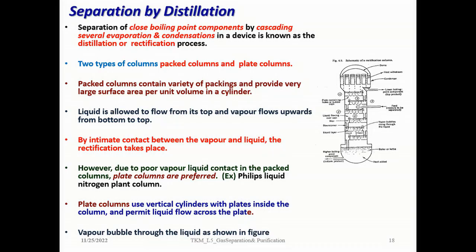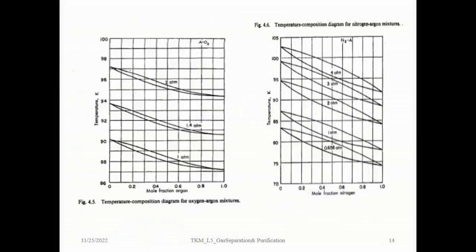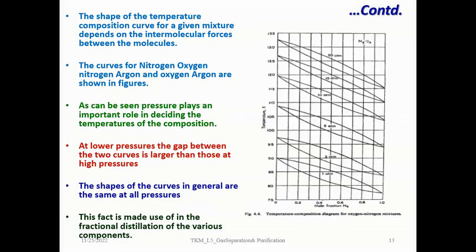What you notice is the gas mixture is at a higher temperature and the liquid mixture is at a lower temperature. When you mix them together, they try to equilibrate. The temperatures are different, so they try to come to a common temperature level, which is an average between the high temperature and low temperature.